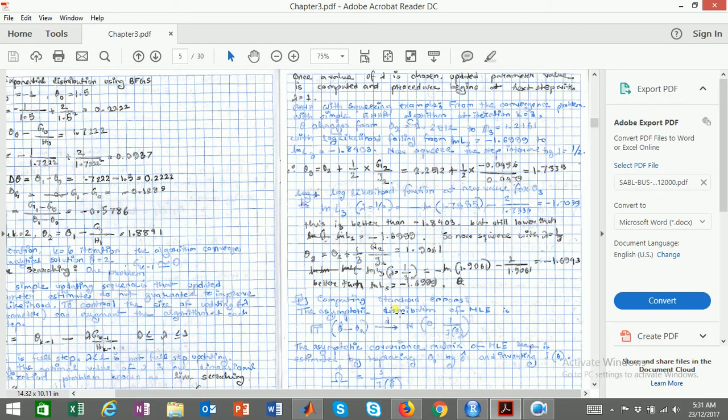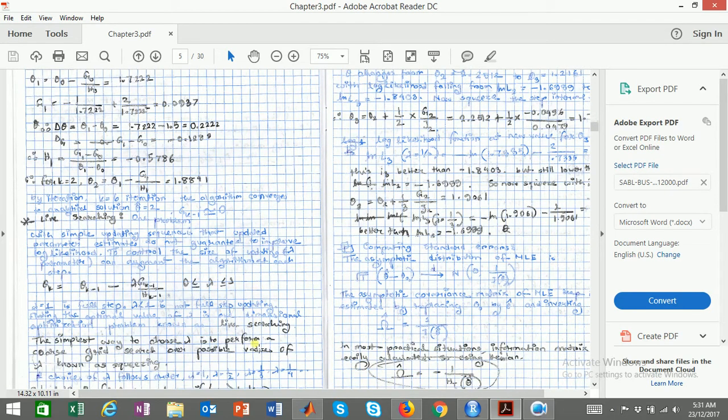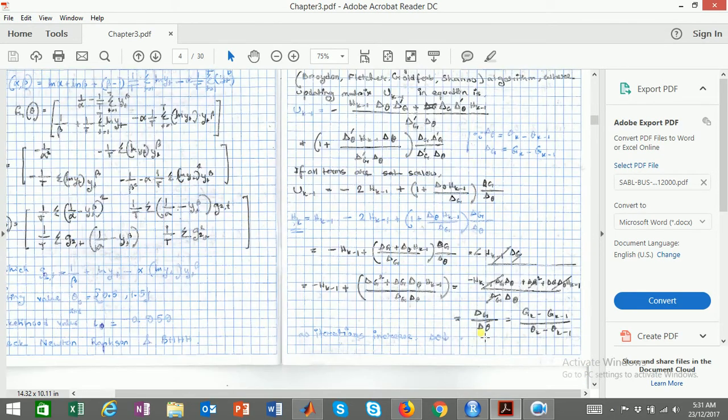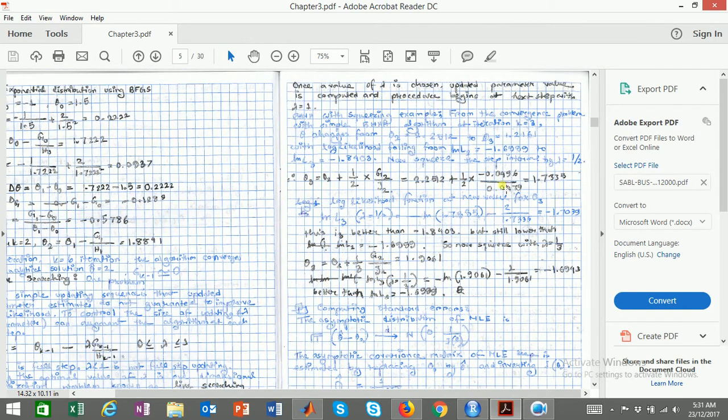Alright, so an example where BHHH is used with squeezing, from a convergence problem. So here you see, instead of using 1, we are squeezing it with half.